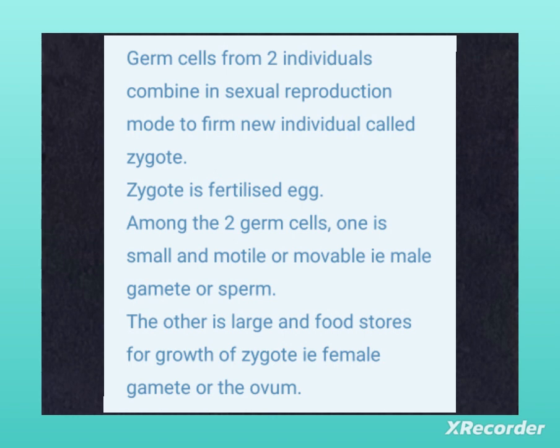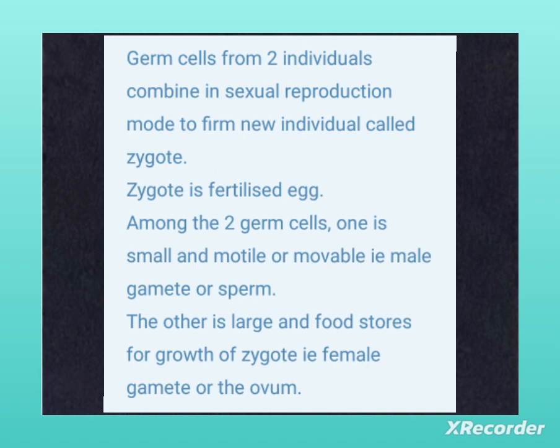One germ cell is large and contains food stores, and the other is smaller and may be motile, or it is also called movable or mobile. The motile germ cell is called the male gamete or sperm, and the germ cell containing stored food is called the female gamete or the ovum.